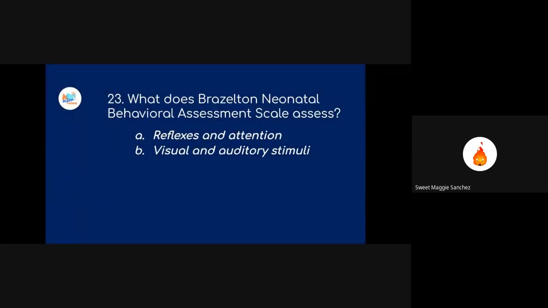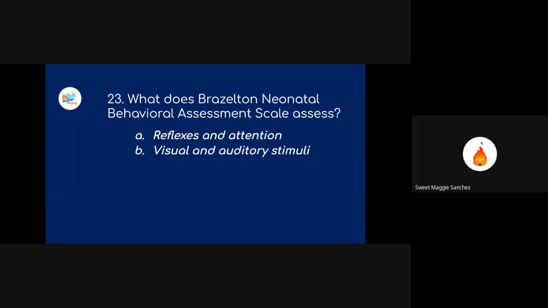Question 23. What does the Brazelton neonatal behavioral assessment scale assess? Another bonus question. It actually measures both reflexes and attention to visual and auditory stimuli. Reflexes and attention: how will they react when their mother arrives? Will they cry? How will they react if you touch their skin? Same goes with visual and auditory stimuli.